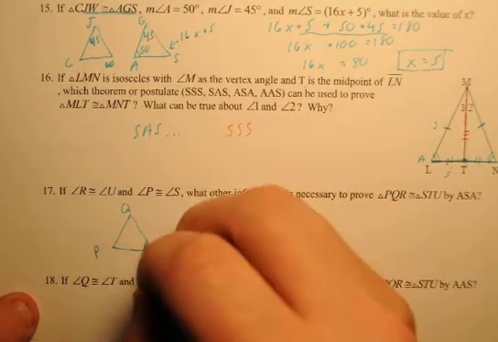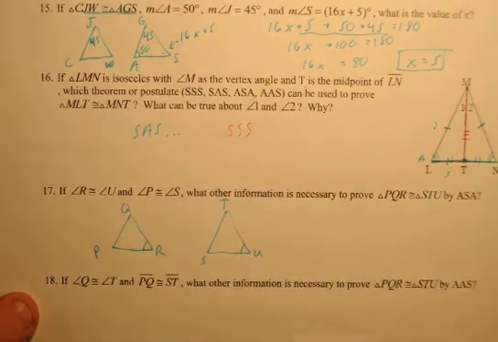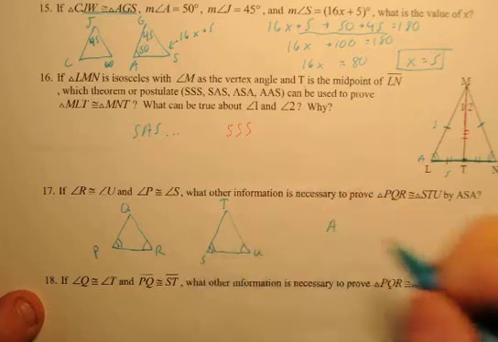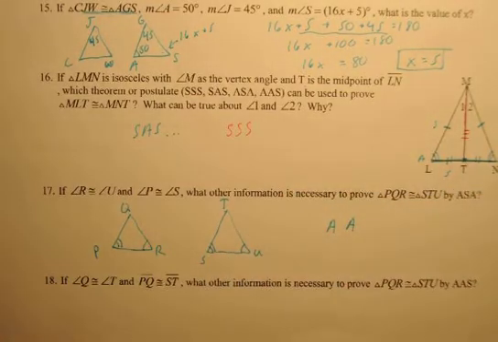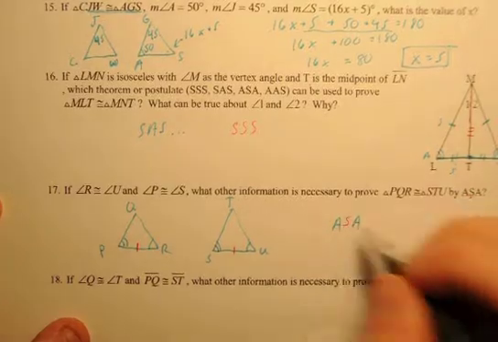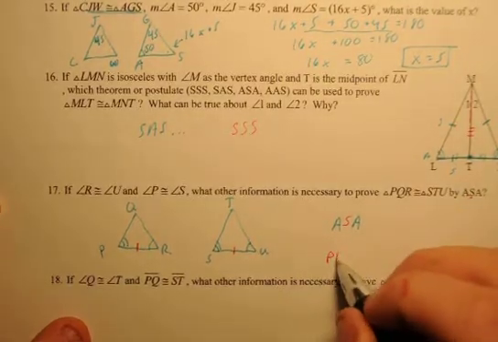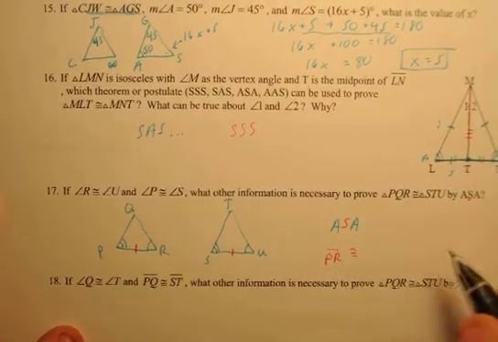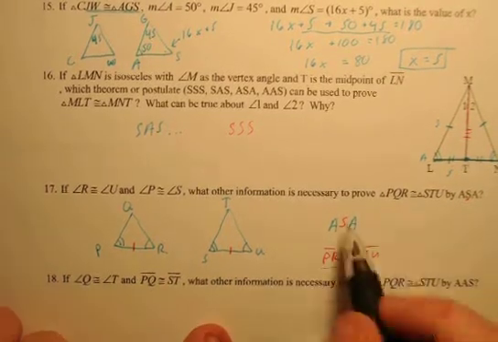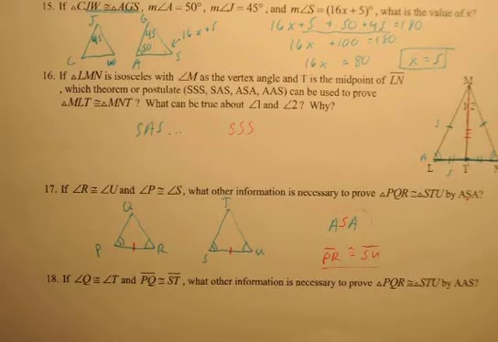We have that R is congruent to U. That's an A. We have that P is congruent to S. That's another A. What we need to do is go and plant some evidence. So we have angle, side, angle, so that would be that and that. So we need PR to be congruent to SU. That's what we're looking for. If we make these congruent, then we've got angle, side, angle.